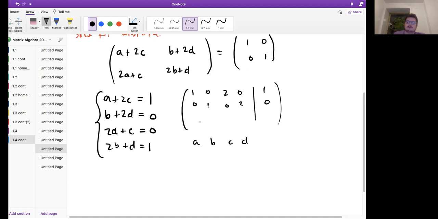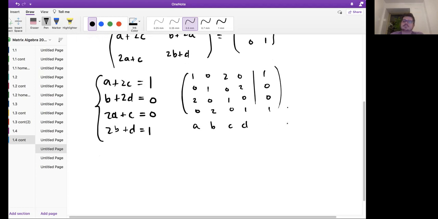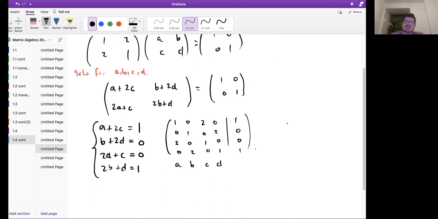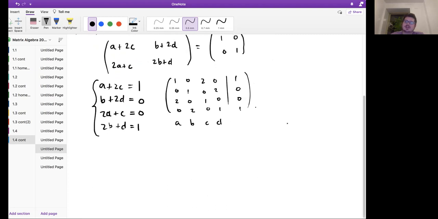The third? Two, 0, 1, 0, 0. And the last: 0, 2, 0, 1. So are we seeing how applicable linear systems are?